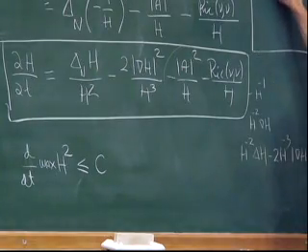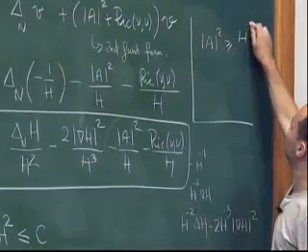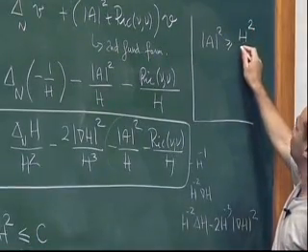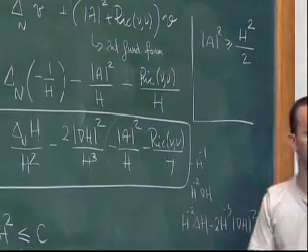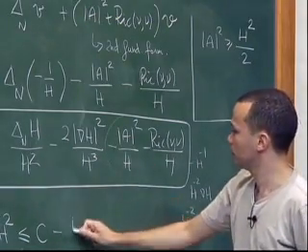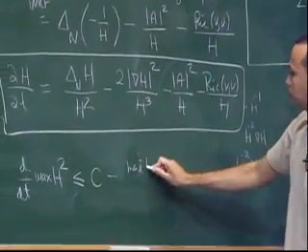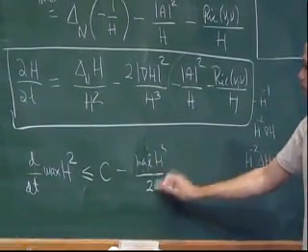You use that |A|² is greater than or equal to h squared divided by 2 in this case. Right? So you get minus the maximum of h squared divided by 2.